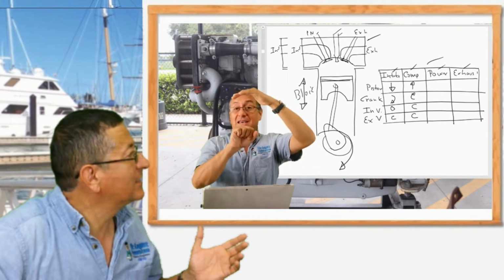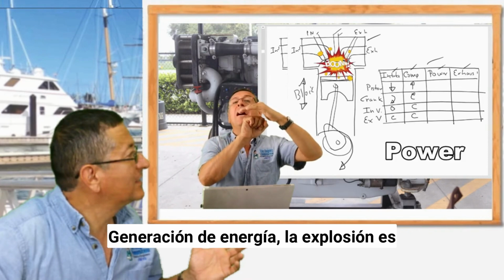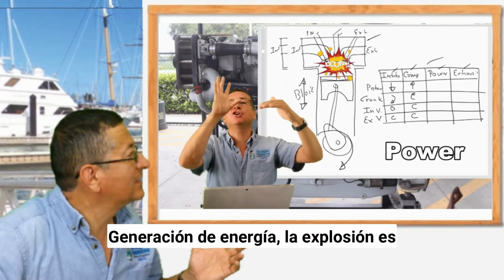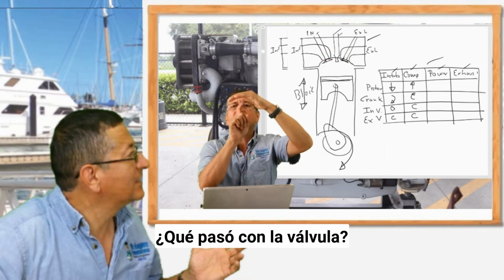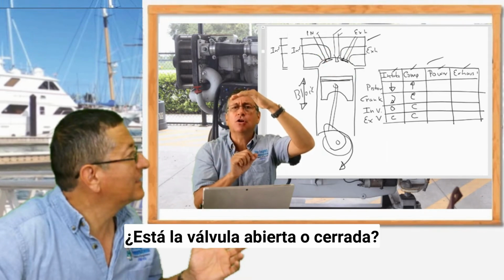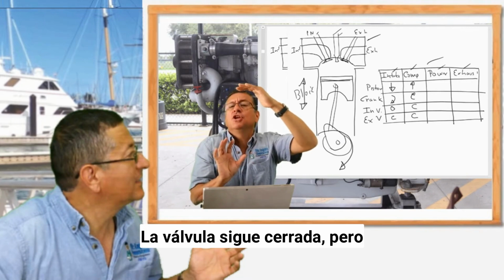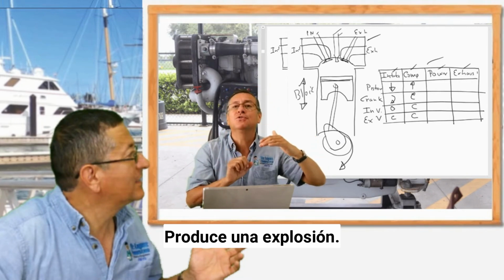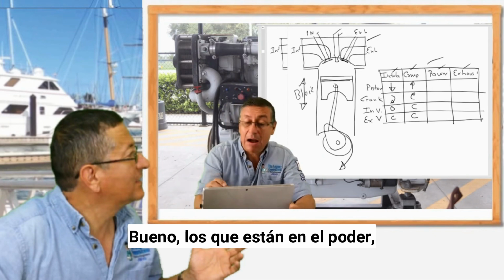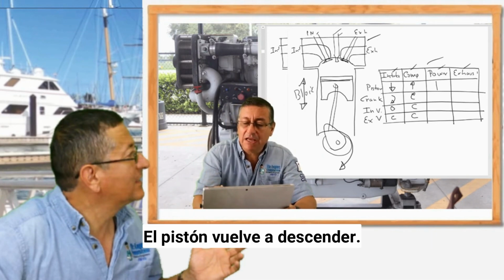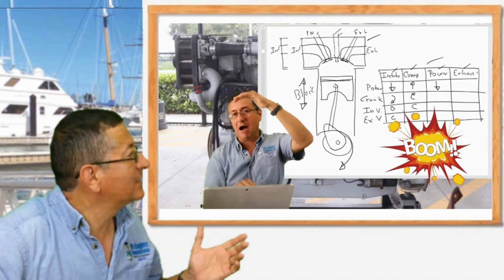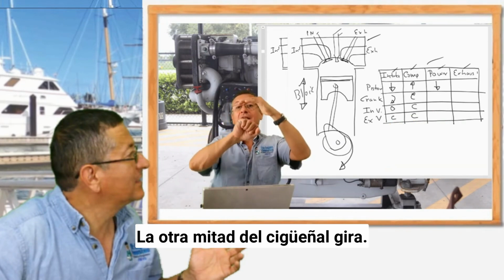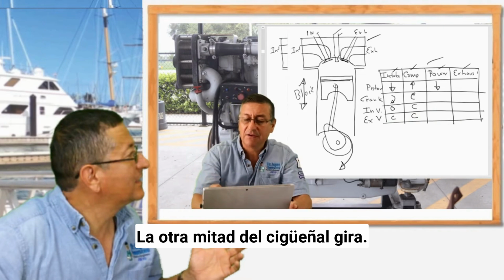At this moment the power is produced and the piston goes down. What happens with the valves? The valves continue closed, but the explosion is produced. In power, the piston goes down again. The explosion sends the piston down, another half rotation of the crankshaft.